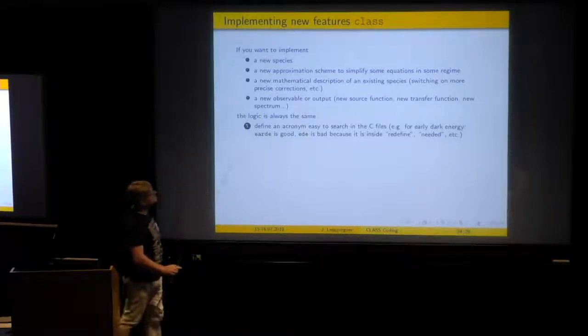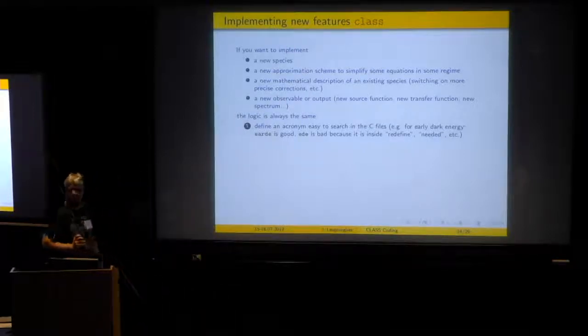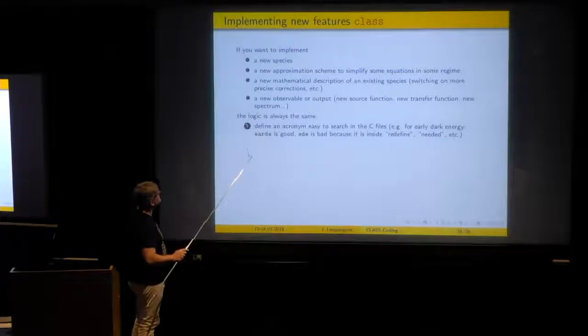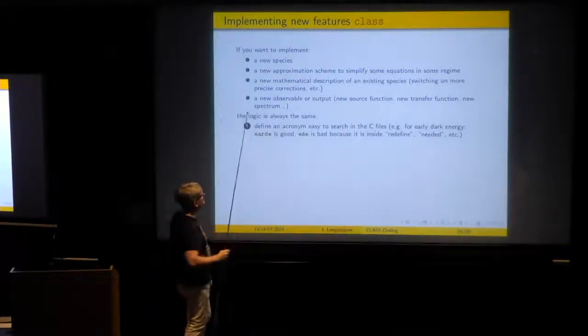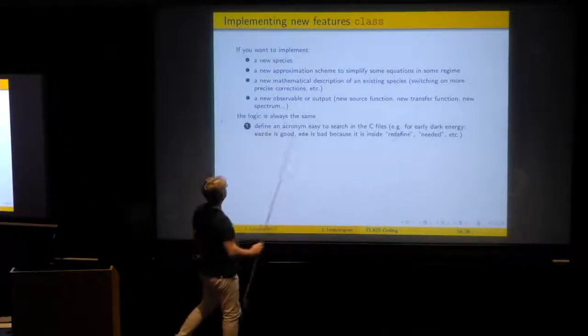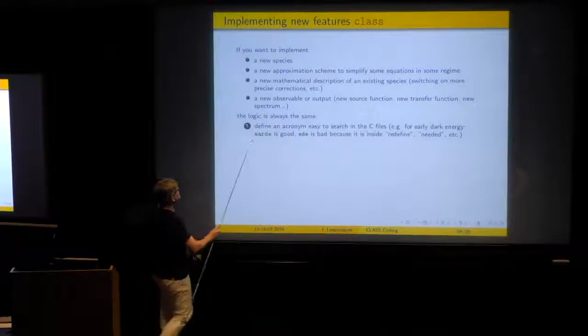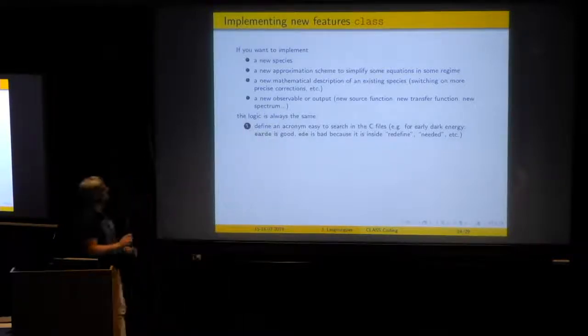So for instance, here, suppose you want to code early dark energy. That's for the John Hopkins people. Don't call it EDE, because if you search for EDE, you will find it all over the place in words like this. So find an acronym very specific, like early EARDE should be good.